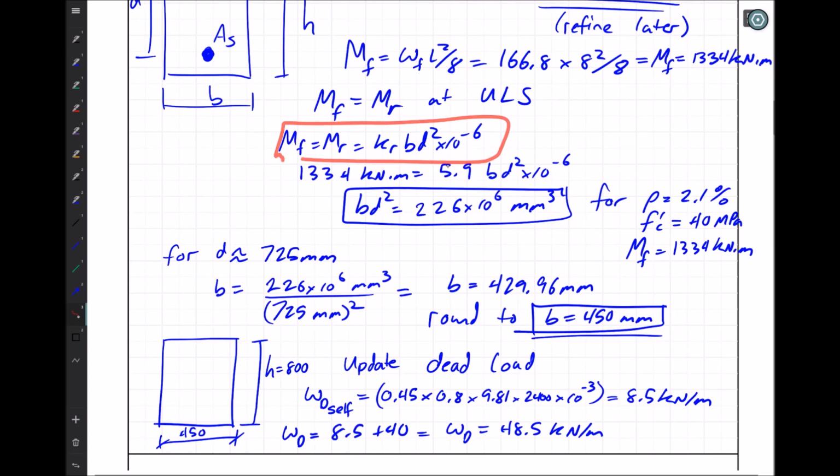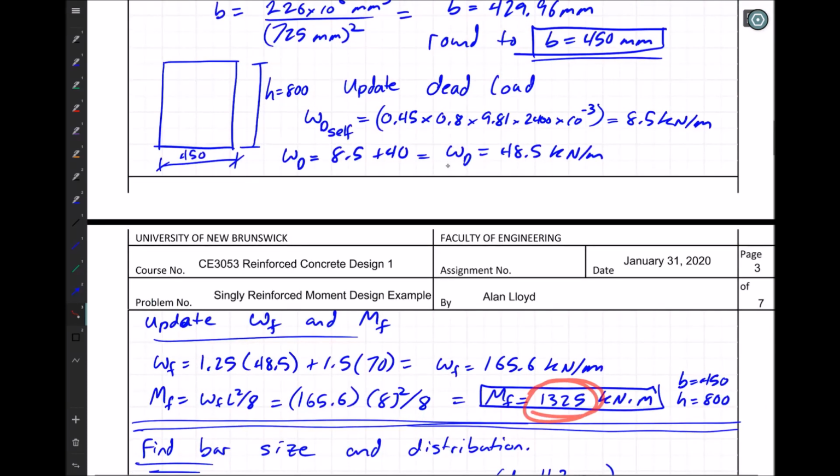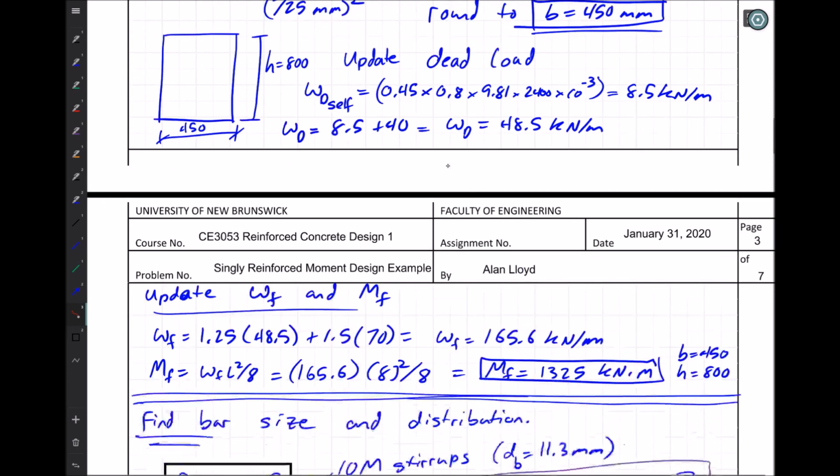K_R B D squared. So we picked a value of D. When multiplied by K_R and B and squared, it gave us our moment resistance of 1,334. And then what we did was go ahead and find something that reduced that moment a little bit, so we don't need quite as large a D. That's not a considerable thing though.